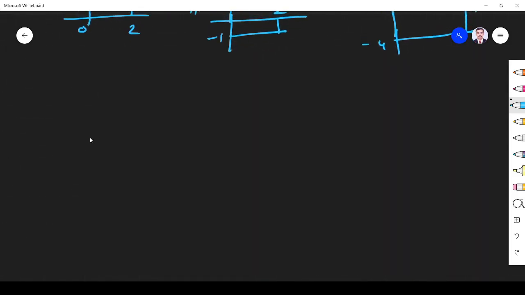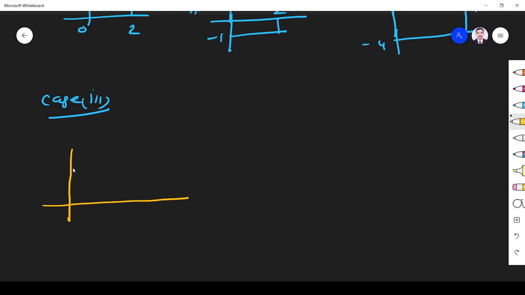So, case 3. Case 3 is something different. In both the previous cases, we have seen the amplitude is different but the length of the time period is the same. Here we see different lengths.